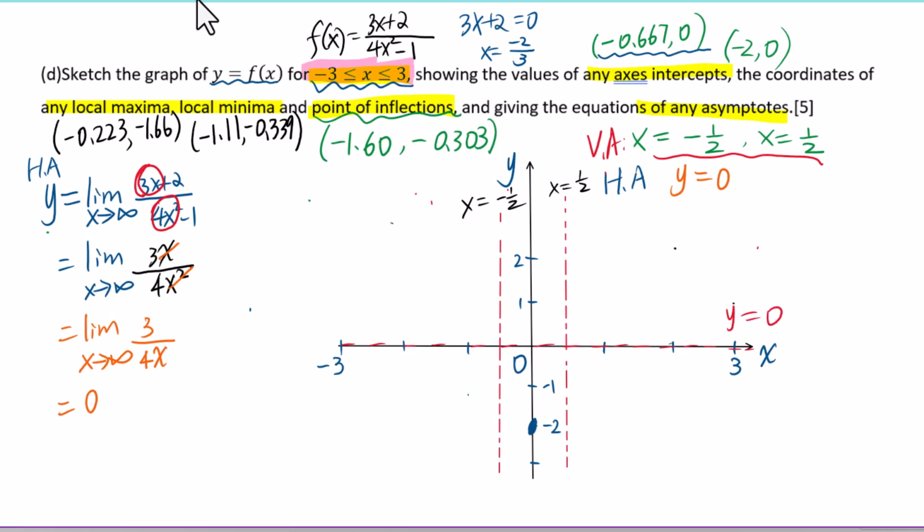Y-intercept. X-intercept is -0.667. Local maximum.